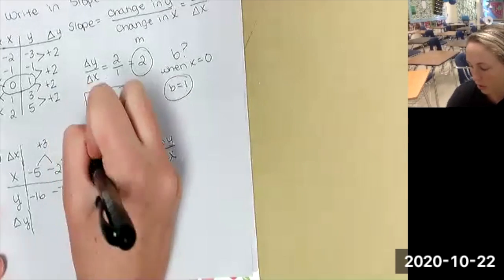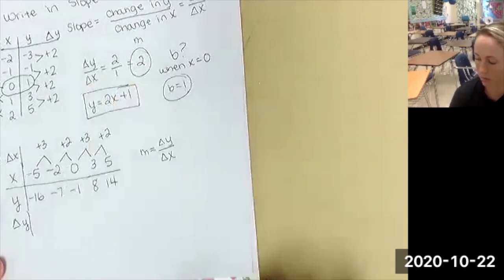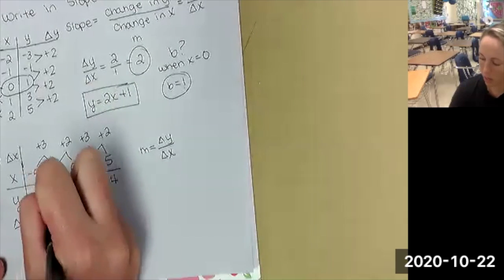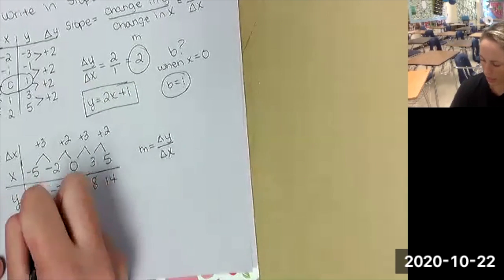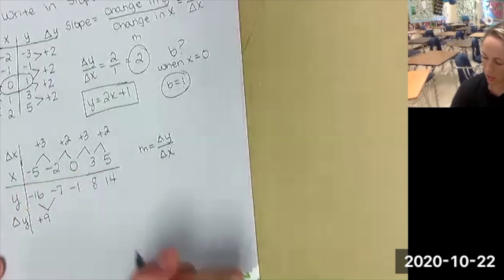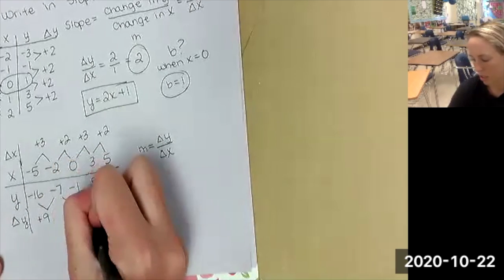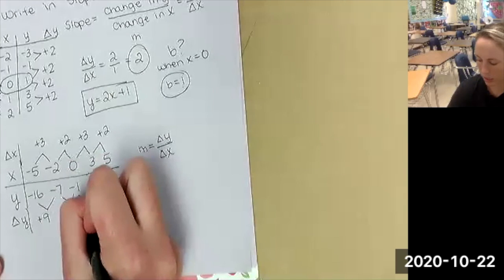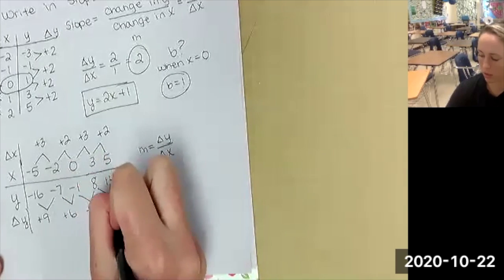Then we've got 0 to 3 is +3. 3 to 5 is +2. On the bottom, from -16 to -7, we would add 9. -7 to -1, we would add 6. -1 to 8 is +9. And 8 to 14 is +6.